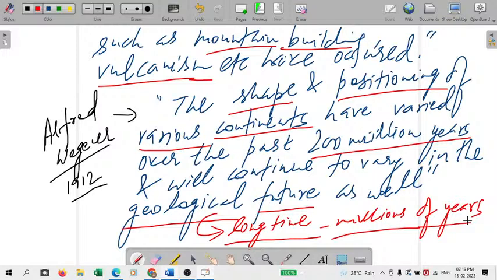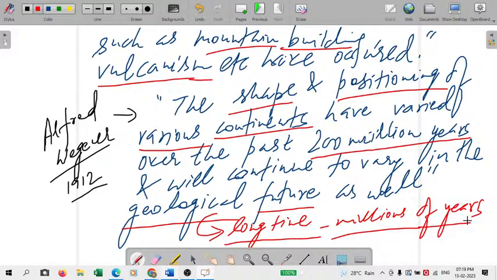It will change in the future, because ultimately the convectional currents in the asthenosphere, the layer located below the crust of the earth, will continue in the future also, and 3 to 4 centimeters per year, which is the rate of movement of the plates, will continue to alter the shape and position of the continents in the future as well.